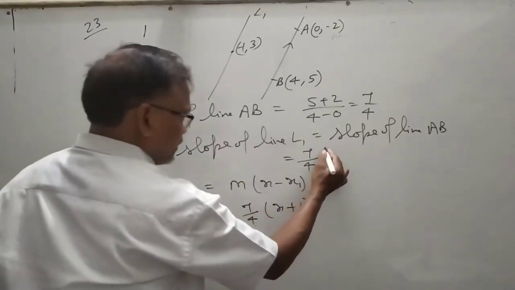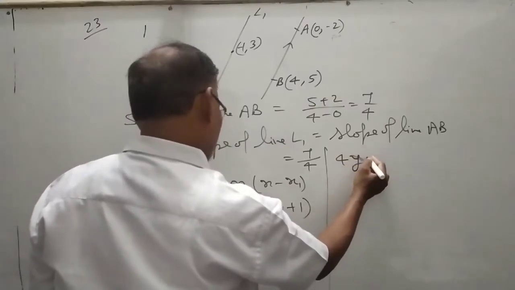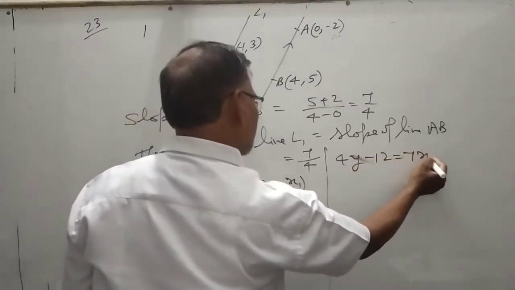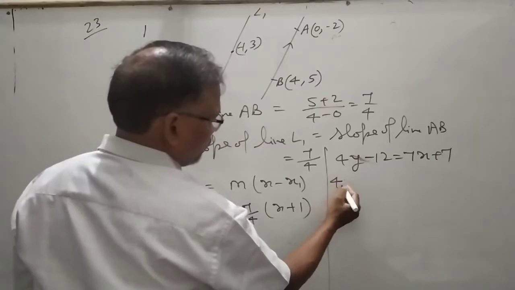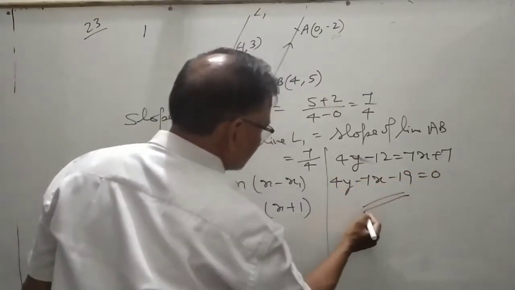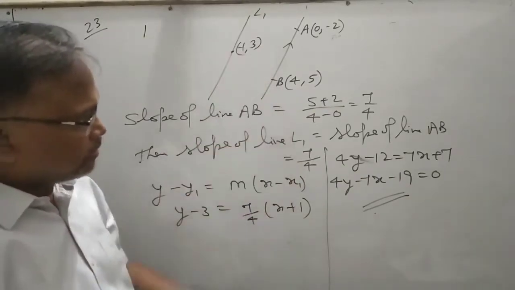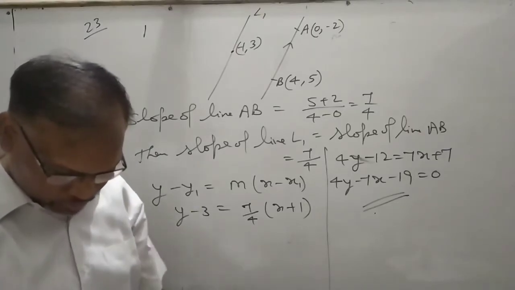Then simplify, multiply: 4y minus 12 equals 7x plus 7, or 4y minus 7x minus 19 is equal to 0. This is the equation of the line. So by using this way you can find the other questions also.